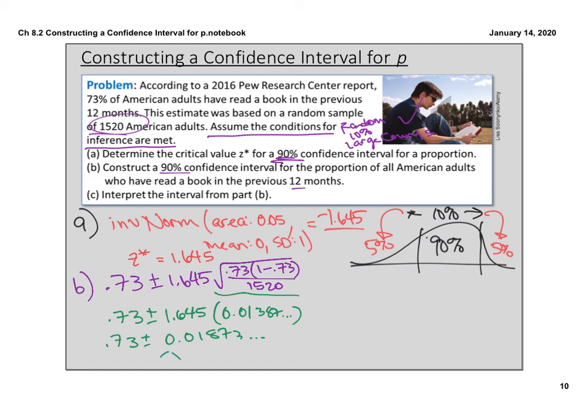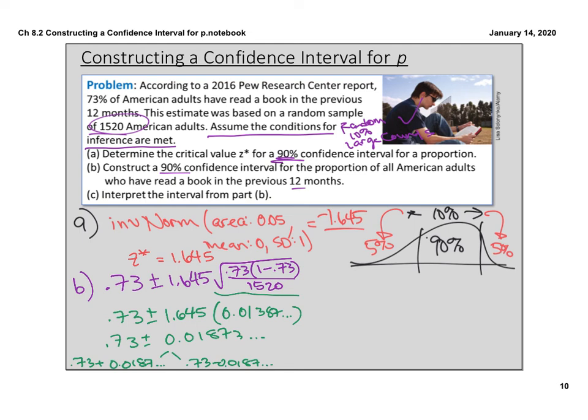I need to take 0.73 plus that whole decimal, 0.01873 dot, dot, dot, and 0.73 minus 0.01873 dot, dot, dot. So I'm subtracting one and I'm adding the other. So 0.73 plus second answer. Again, I use that second answer button as much as I can.